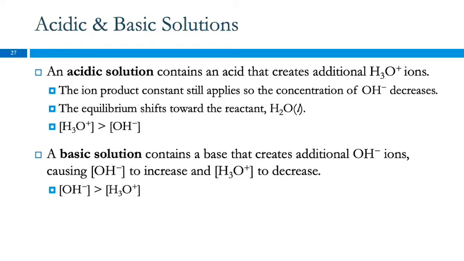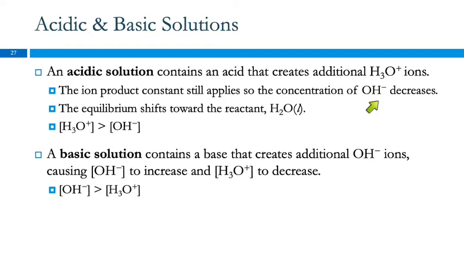In an acidic solution, we have an acid, and the presence of the acid creates extra hydronium ions. But this ion product constant for water still applies. So what happens is, because of the addition of hydronium ions, the equilibrium will shift.